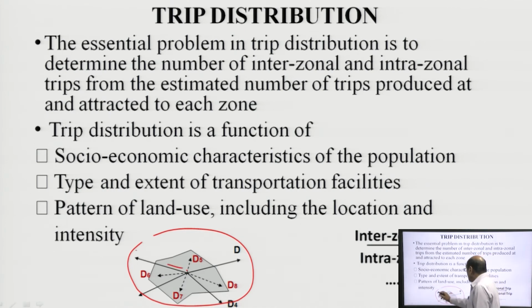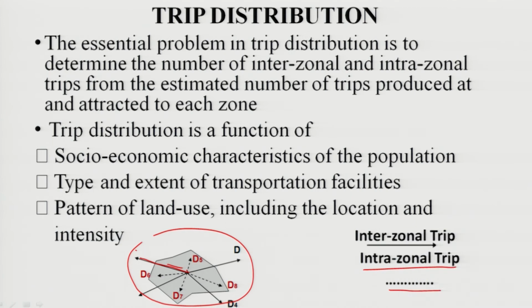This is located in firm lines, so this is called an interzonal trip. Some of the trips are represented here in the dotted line. So, this is called an intrazonal trip. The dotted line will show intrazonal trips.